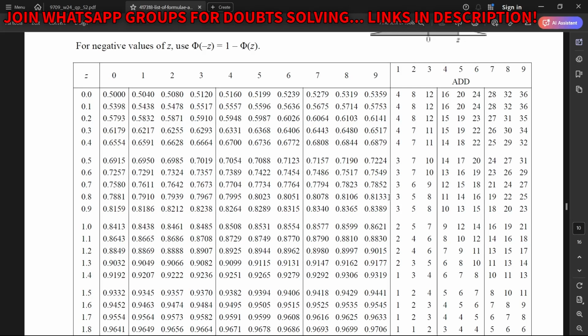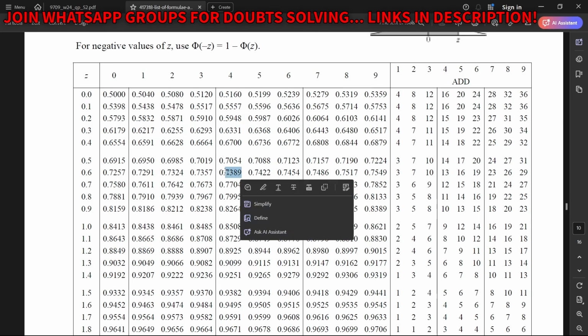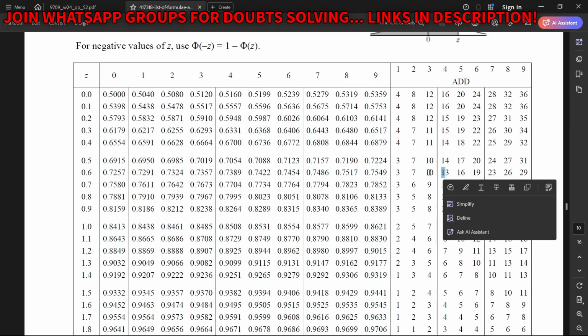Now 11 is not possible to find over here, but I am in between 10 and 13, because 0.7389 was over here. So I am in between 3 and 4. I'm more towards 3, so I'll just keep it as 3 only.